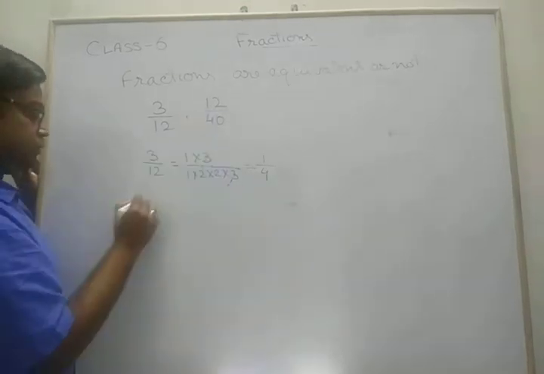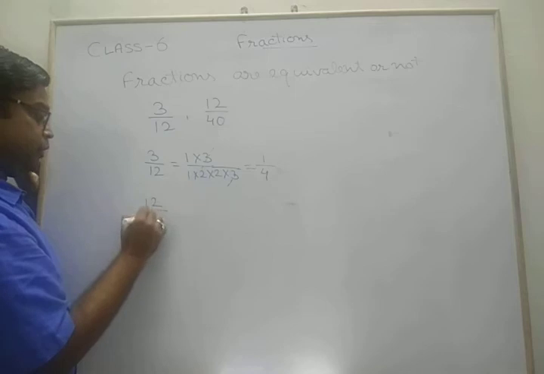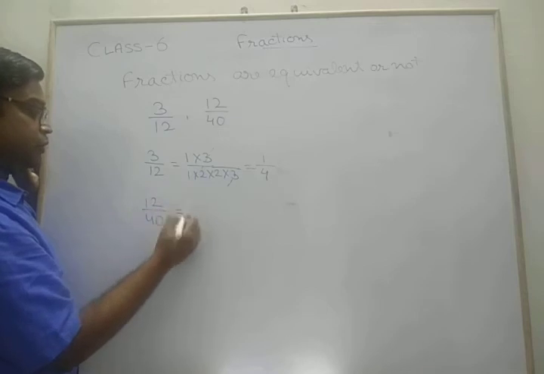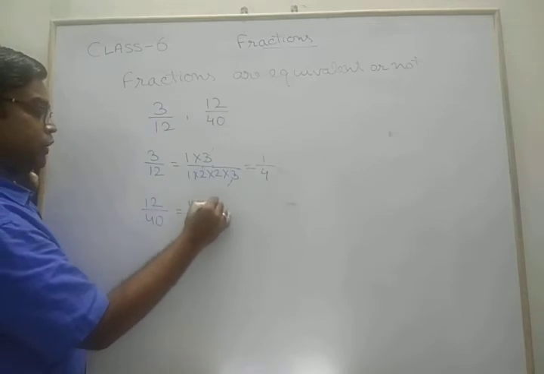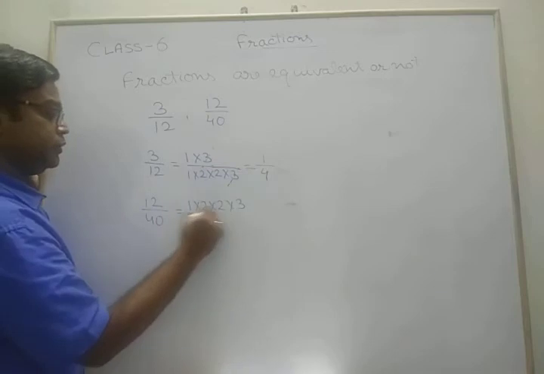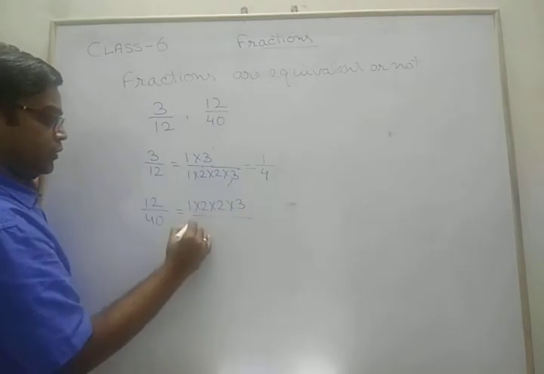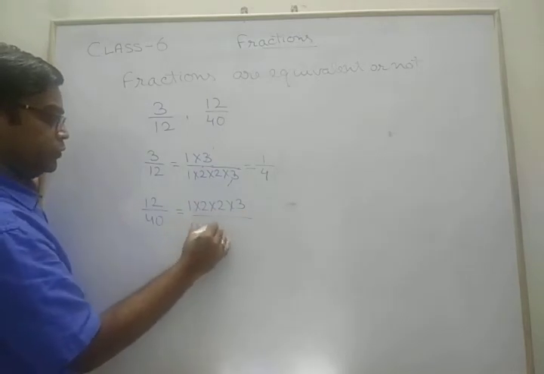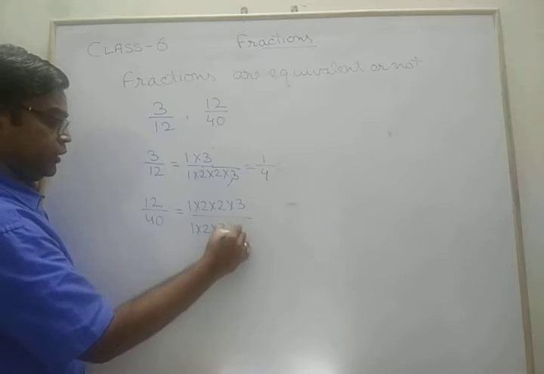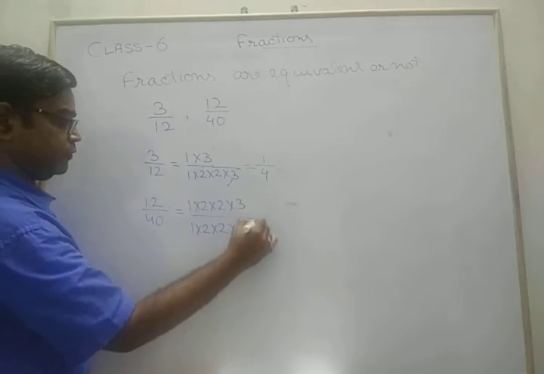Now what about this one? 12 upon 40 equals 1 into 2 into 2 into 3, over 1 into 2 into 2 into 2 into 5.